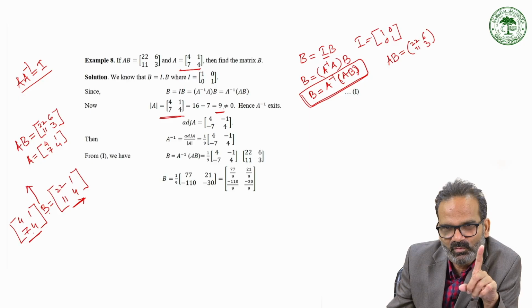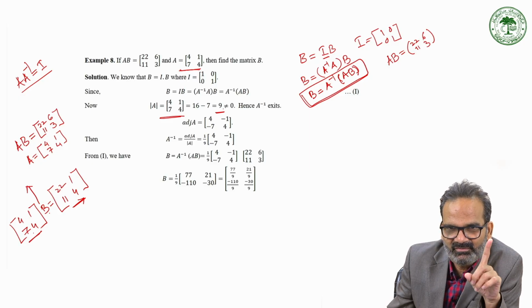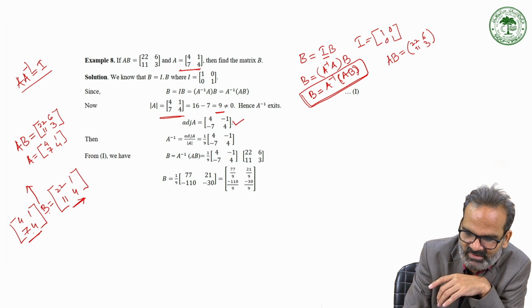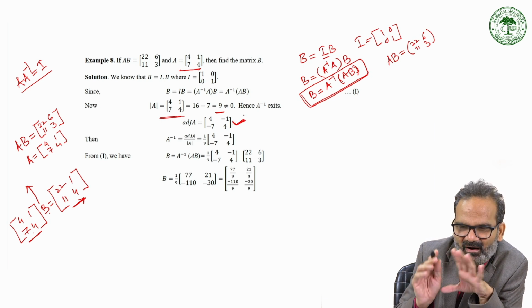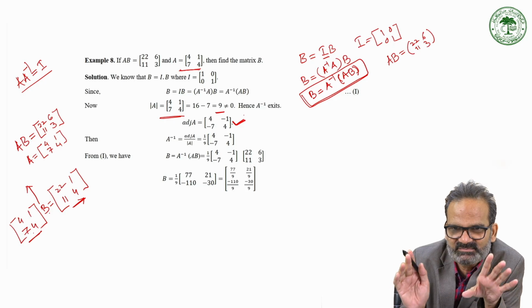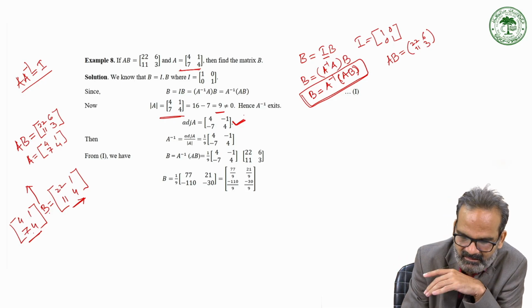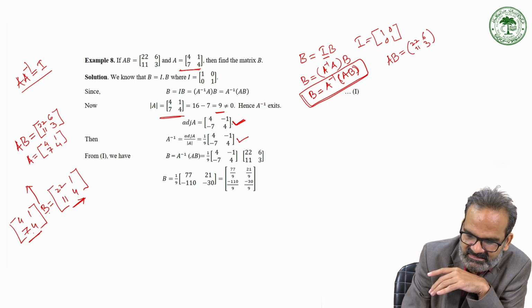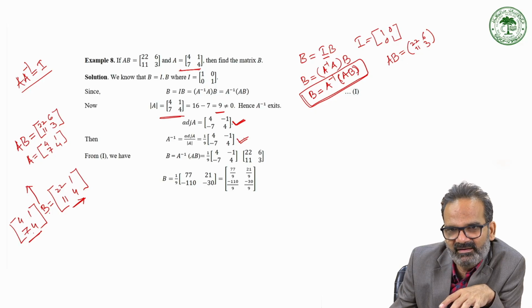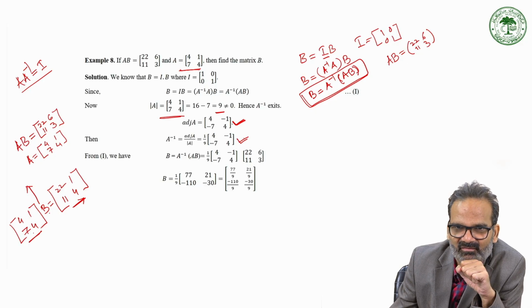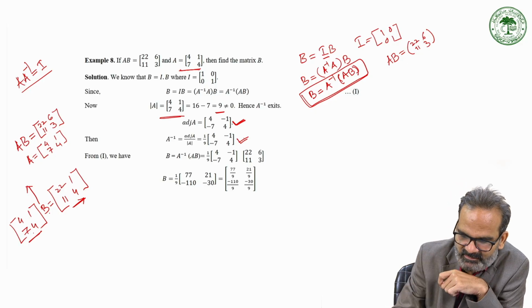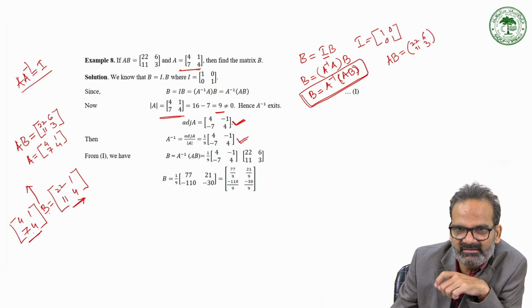It is coming out to be non-zero, therefore the matrix is non-singular, hence A inverse exists. So this is the adjoint of this matrix, and you know how we can write down the adjoint. I have explained it in a very detailed way. And finally, A inverse is equal to adjoint of A divided by determinant of A. So A inverse is coming out to be the matrix 1 upon 9, 4 minus 1 as a first row, minus 7 and 4 as a second row.